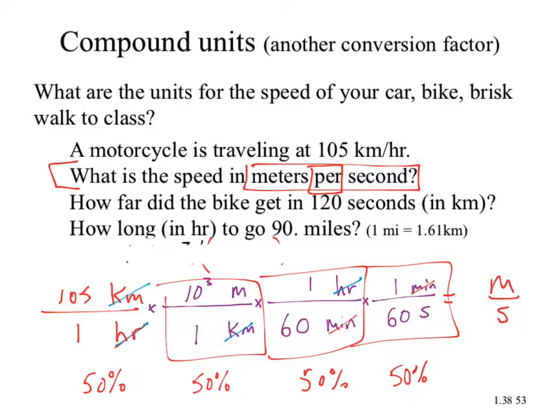Okay. You might say, well, that's not that bad. 50% is failing. Don't do that. You need to know why you're placing the numbers where they are. It's the units that dictate it for you. Add to that if there's multiple conversions, 50% of 50% is 25%.